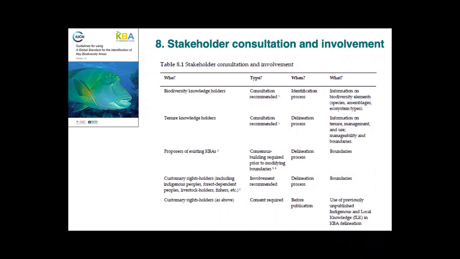And in particular, if KBA delineation is based on Indigenous and local knowledge that hasn't been previously published, we do need to get consent on using that information before it is published. Chapter 8 provides some useful definitions and a useful table summarizing exactly what types of consultation and involvement are either required or recommended as part of the KBA delineation process.